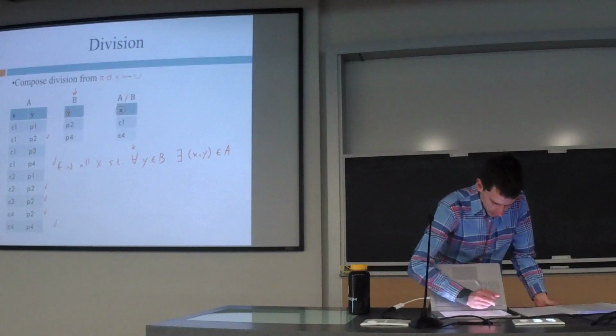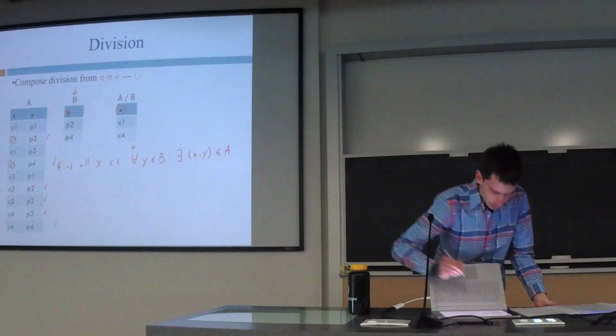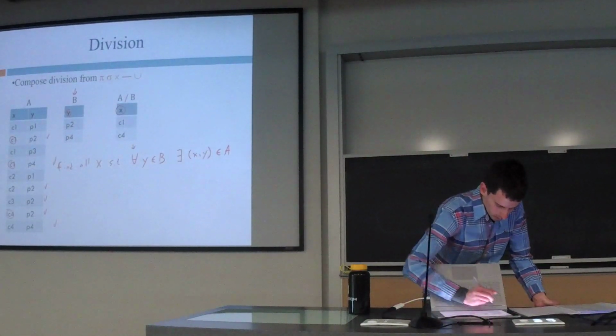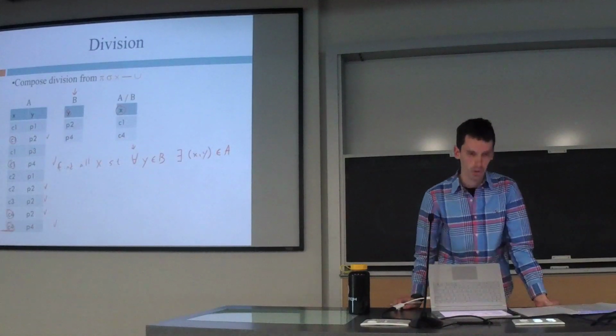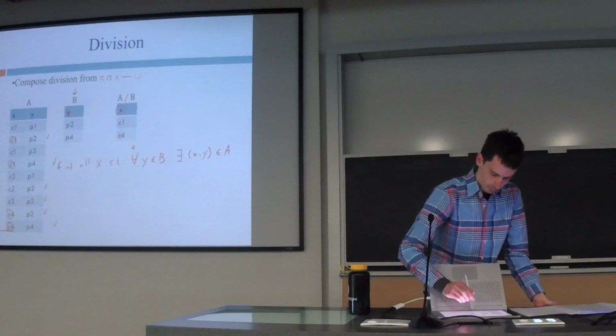Let's see. So C1 has a P4. C1 also has a P2. C4 has a P2 and C4 has a P4. So that's why the answer is C1 and C4. Okay.